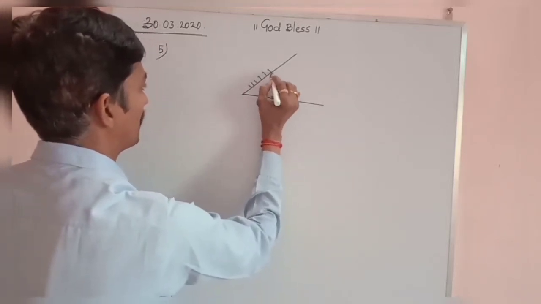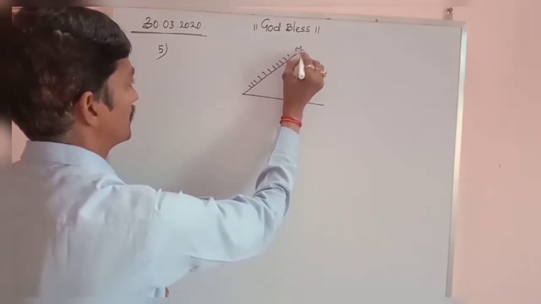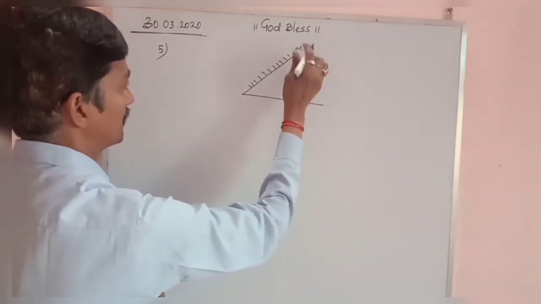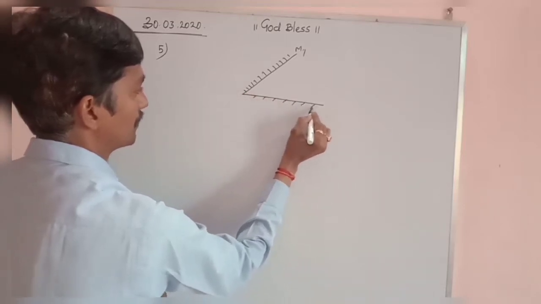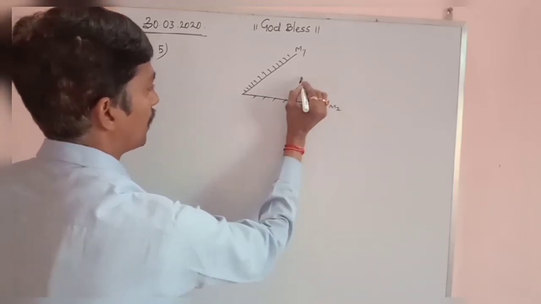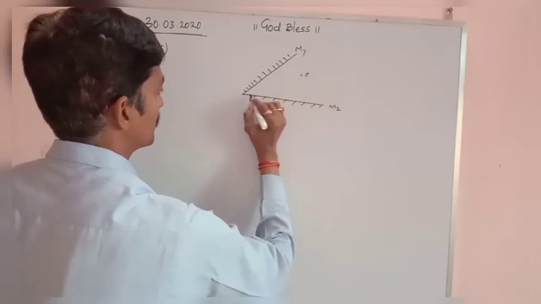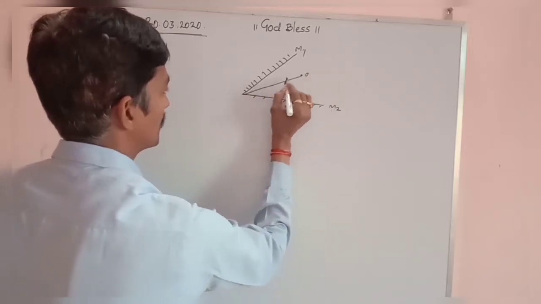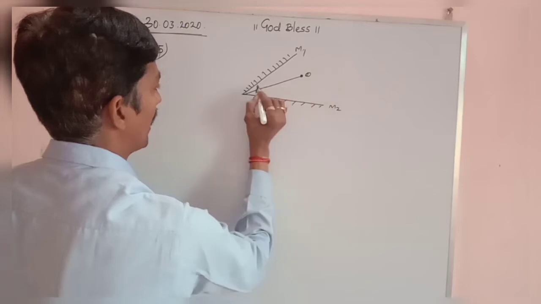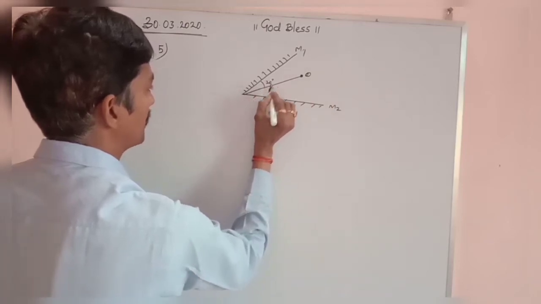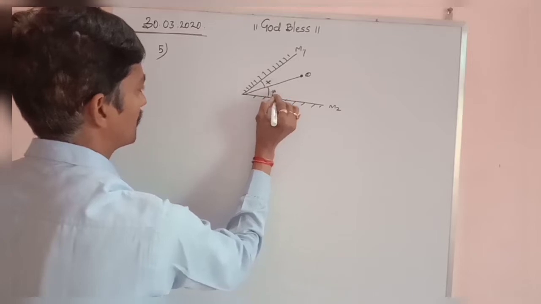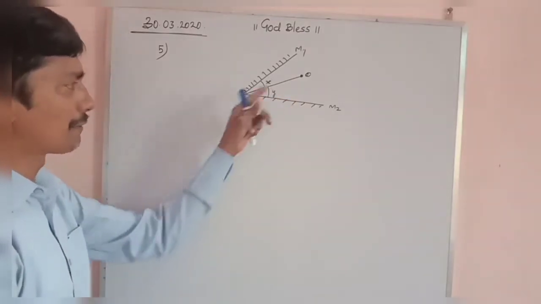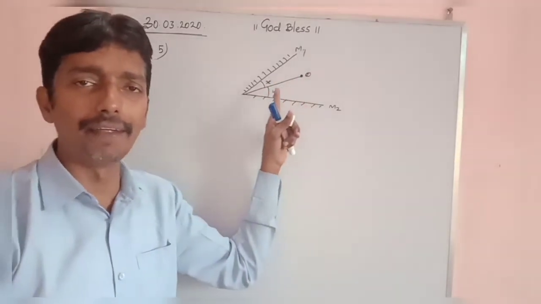Say I have taken the mirrors this way. This is mirror M1, and this is mirror M2. And let the object be here, at say X from mirror M1 and Y from mirror M2.